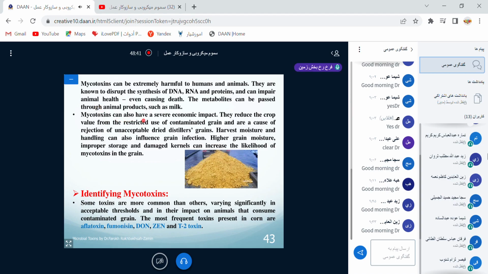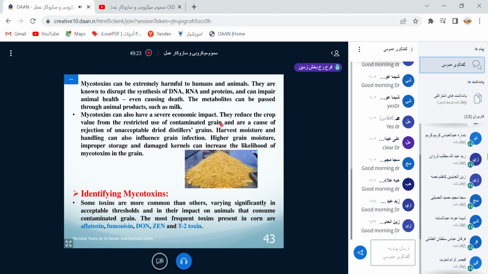Mycotoxins can also have a severe economic impact. When the agricultural products after harvesting are infected, are contaminated, it is an economic problem for those producers, agriculture people, and it is a problem when some of the products in the market are contaminated.